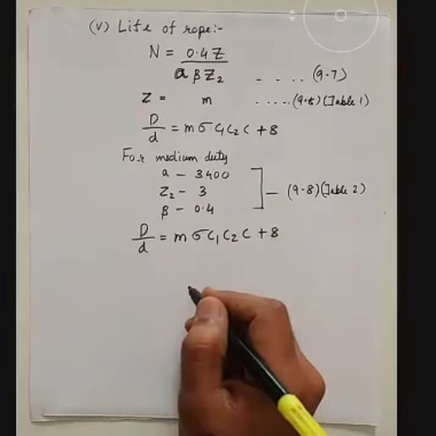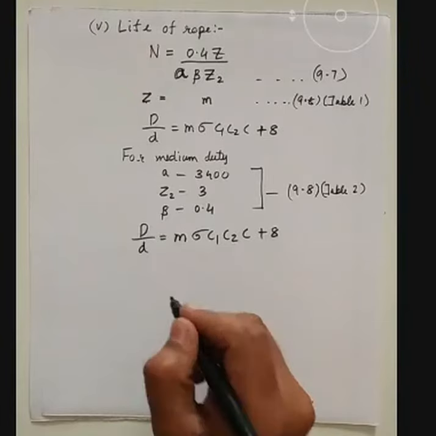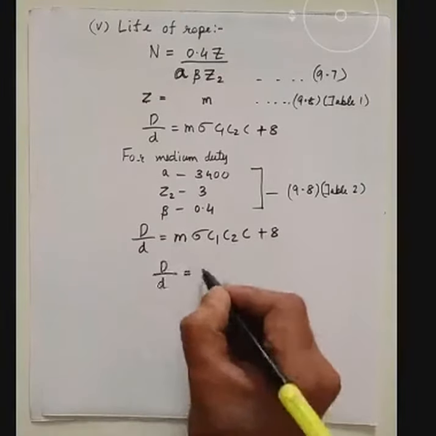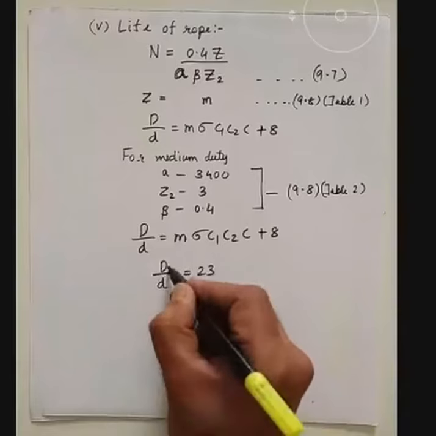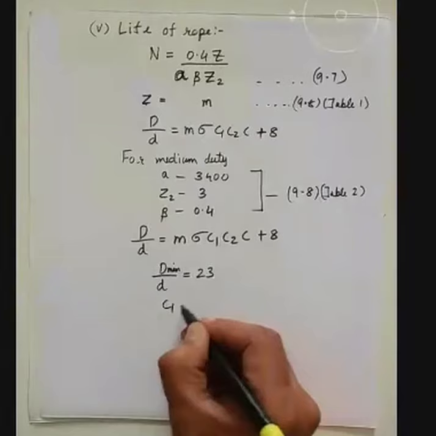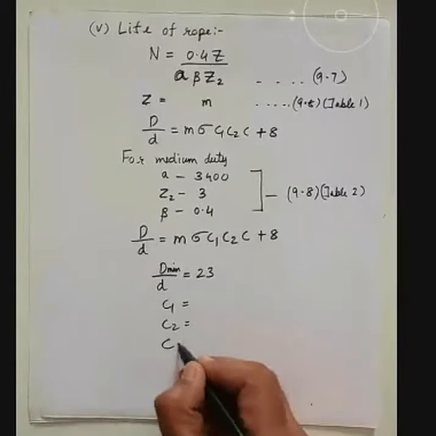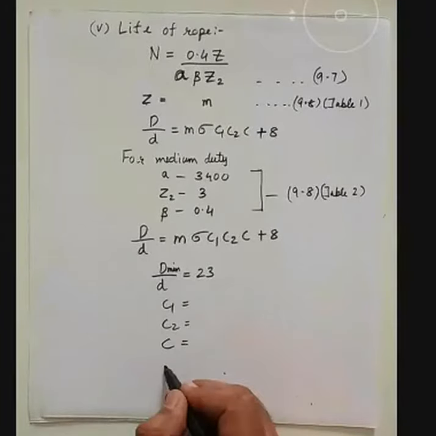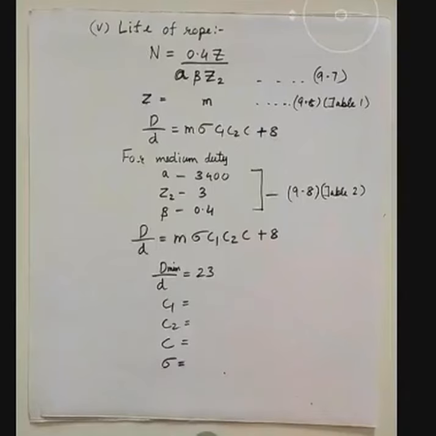So what all do we want? We have D by d as 23, taken from the first step. We want C1, C2, C, and sigma. Where can we get all this? I will let you know.